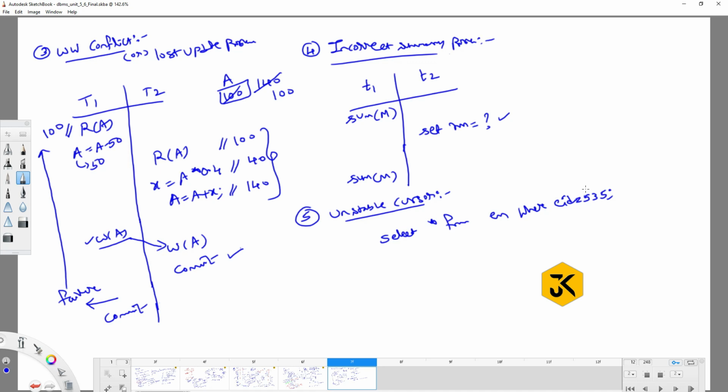But unstable cursor means while users are working with their own data, if admins or some other people who have access to the database are trying to delete some attributes, those attributes can be again the EID attribute, right? If the EID attribute is deleted, what about this particular select response? There is no such attribute, so you are going to get an error, right? This kind of problem we can call the unstable cursor problem.